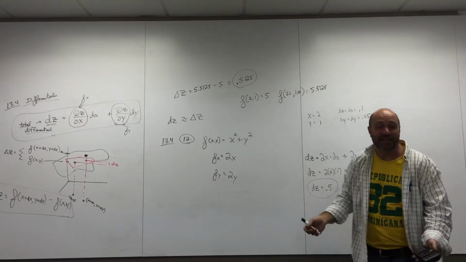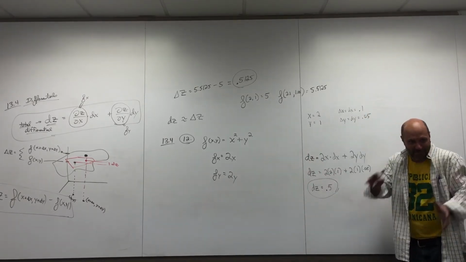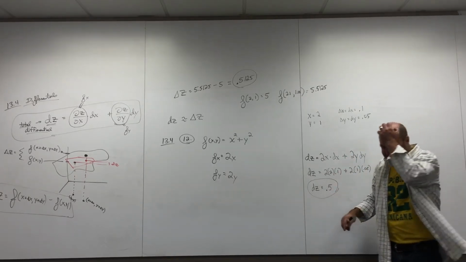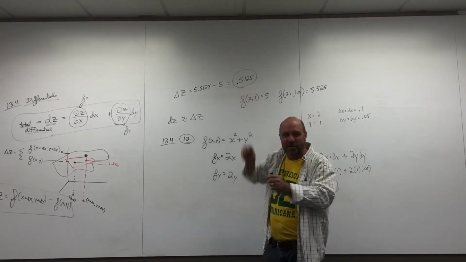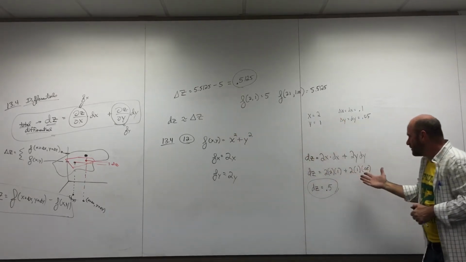And then you're just calculating these numbers, and they have no meaning to you, except I did give you some meaning. But you can sort of do this problem with no meaning. But what was the meaning? That's the actual change in z. When you move this point, that's the actual change in z. And what's this? The change in the tangent surface.